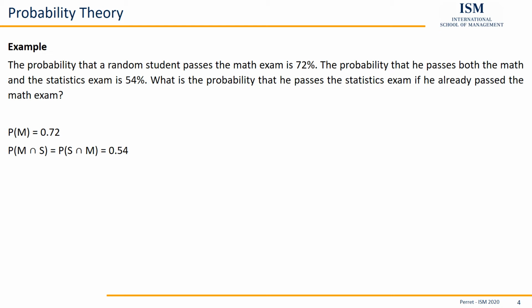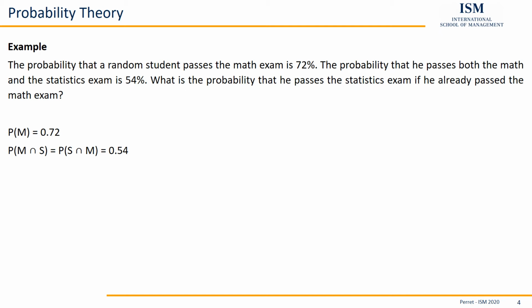Okay, here it doesn't matter if I write passing math and statistics or passing statistics and math. This follows from the fact that the intersection is a commutative operator. So it doesn't matter if I go M intersects S or S intersects M. I can switch this around. Okay, so I have noted the two parts that I have.